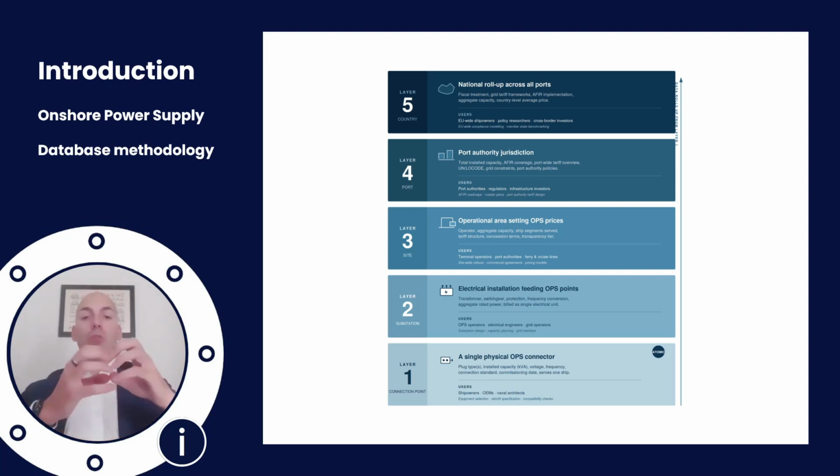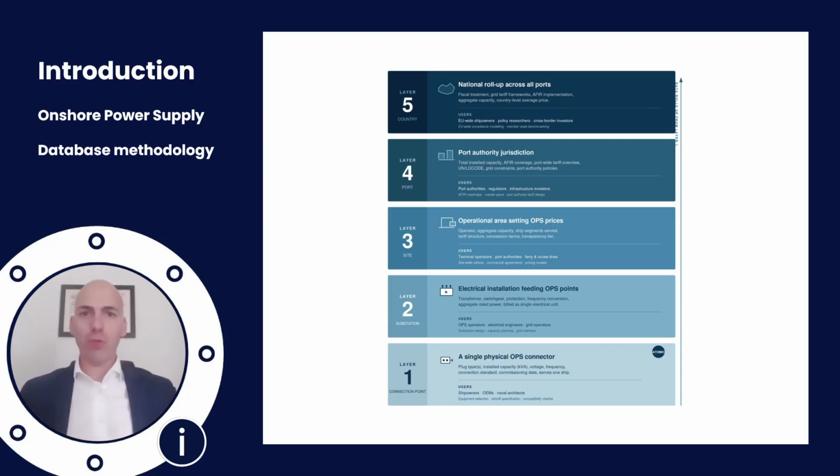And then we go to layer 3, which is the terminal or the zone or the quayside, or at least the place where the infrastructure is standing. You can have multiple E-houses or multiple electrical infrastructure, but it's basically the fence around which the ships that are mooring there are fed.